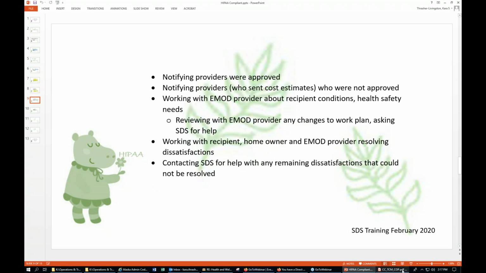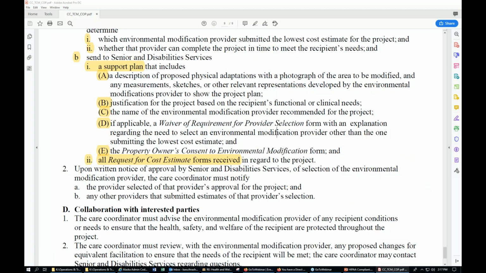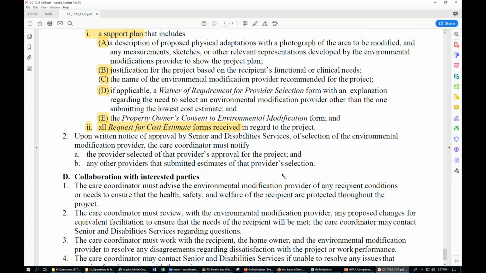And so the rest of your condition of participation here, it says under number 2, upon written notice of approval, selection of that EMOD provider, the care coordinator notifies the provider selected, and you tell them that you are selected, and any other providers, you tell them that you are not selected. So that is what you can do also by DSM.